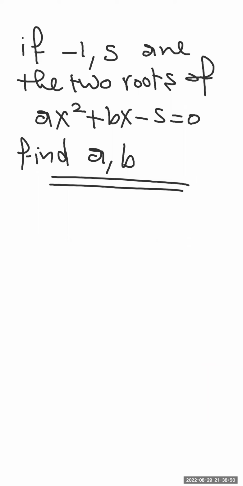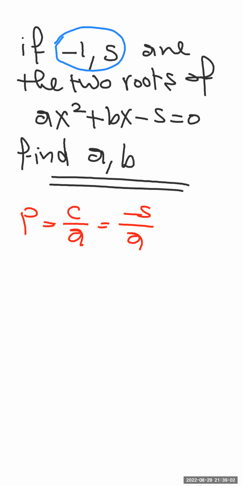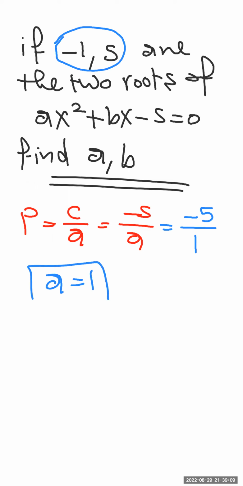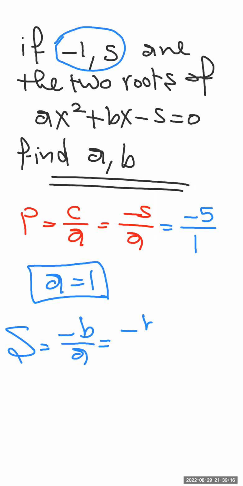First, in this question, product equals c over a. So now it will equal negative 5 over a. The product of these two roots equals negative 5. So now a will equal 1. Sum equals negative b over a. Negative b over a is equal to the sum of the two roots.